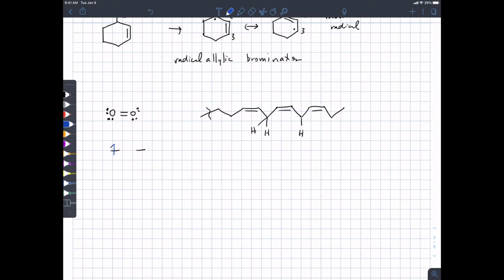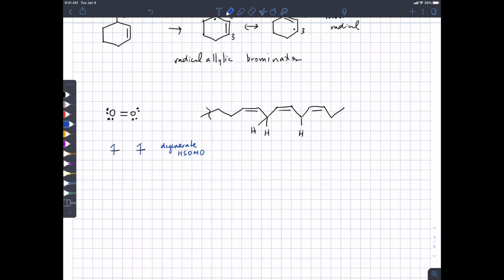And so you have one option. You have these degenerate highest singly occupied molecular orbitals, and you've got 2 of them.